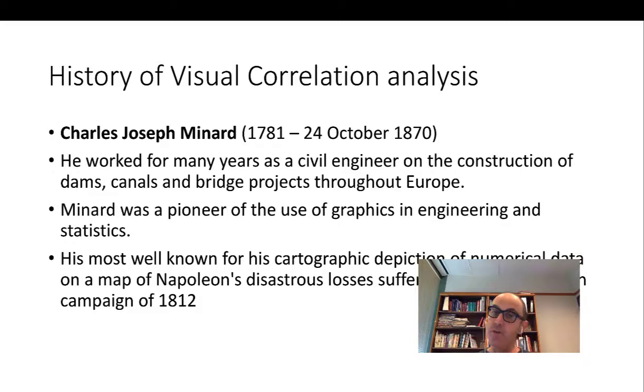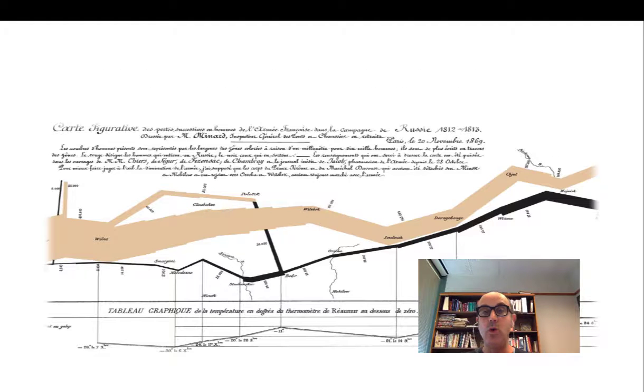He did not use 2 variables, he used many more, but I want you to see how he applied that in his visualization. What you see here is basically 2 lines, one in gray and one in black. The gray is the French army trying to occupy Russia, going through the cold Russian winter into Moscow.